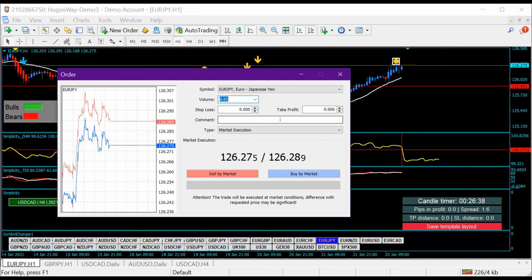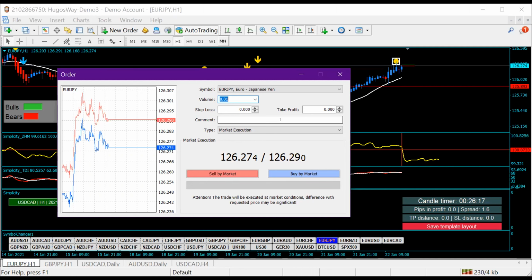So when my pip counter starts going and it starts counting 20 pips, 30 pips, right? 40 pips, 50 pips, whatever the pip count is, what your lot size is will determine how much money you make from that pip. So I may be 20 pips in profit, but 0.01 means I made $2.